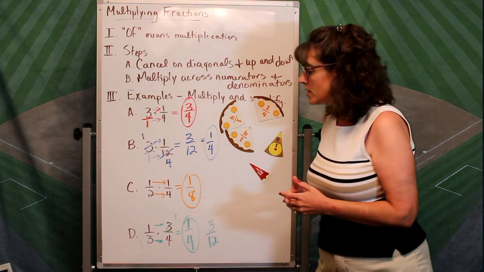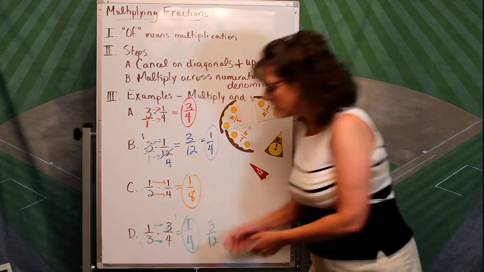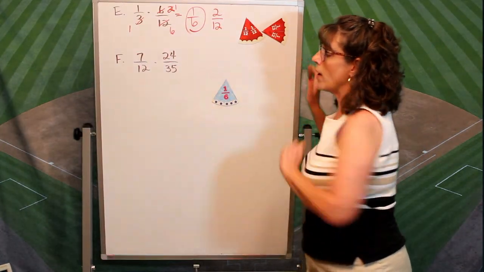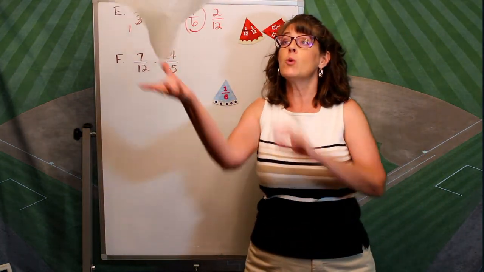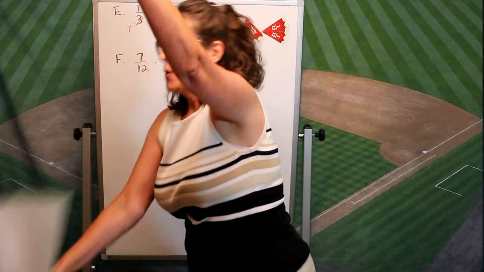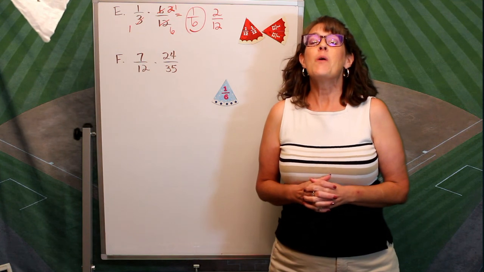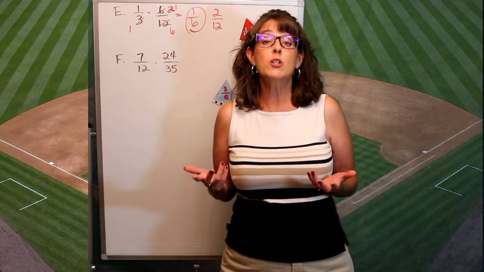And while it wasn't that difficult to simplify 3/12, and while it wasn't that difficult to simplify 2/12, what if your numbers get enormous? Oh no, my set's falling apart. What if, step back a second. What if your numbers get enormous?